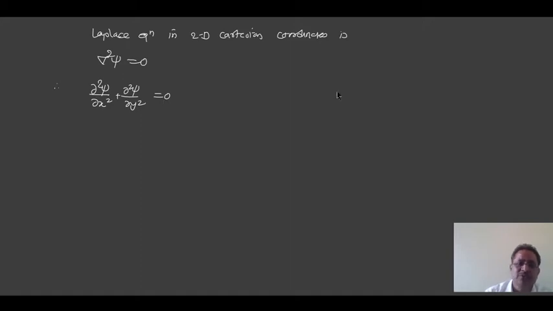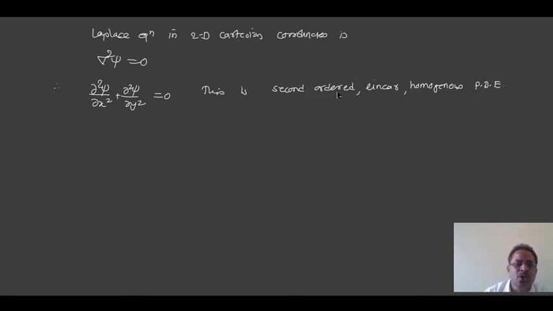So this is the terminology I am using here: second ordered, linear, homogeneous partial differential equation. Second order, because we have del square psi upon del x square and the second term is similar.